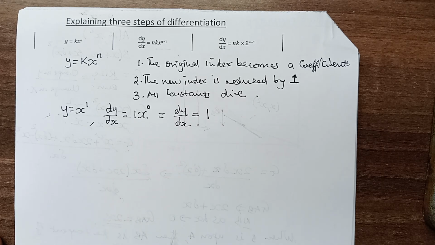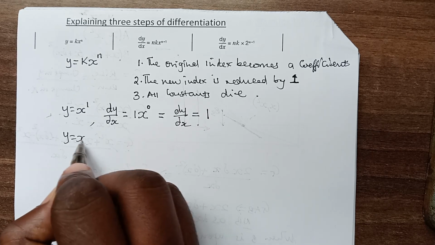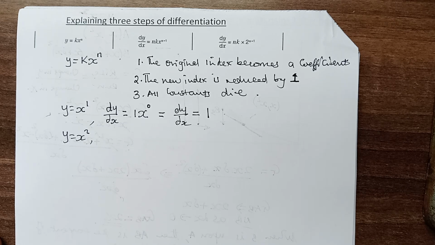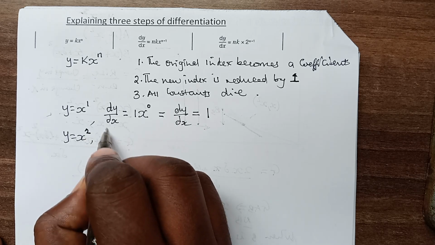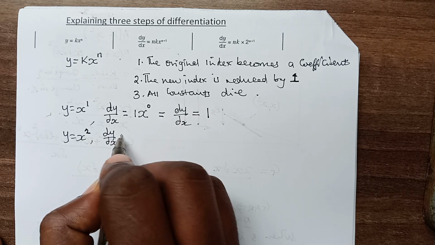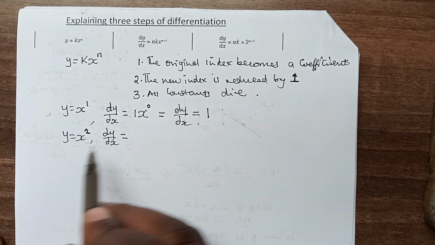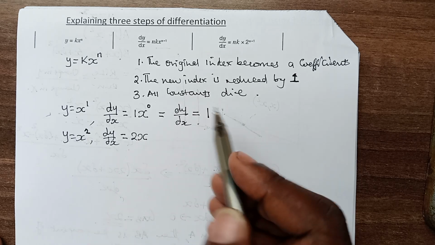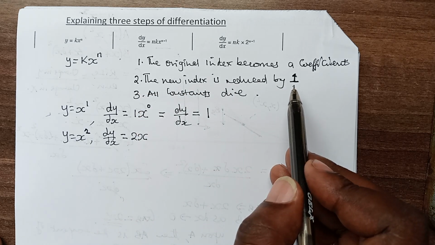If we take another function, y is equals to x squared, like the one we explained in the first principle, in the first video of this topic, the change in y over the change in x, which is now the gradient, the original index becomes a coefficient, so 2 times x, and in the same breath, the new index is reduced by 1.